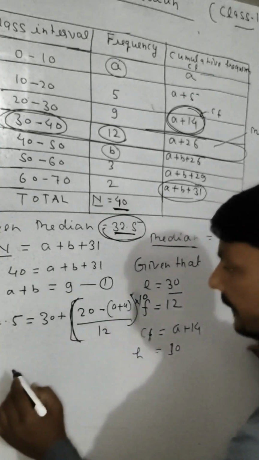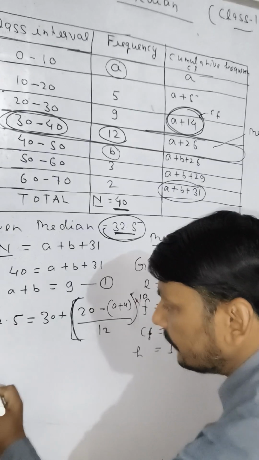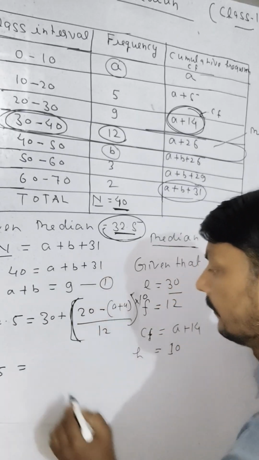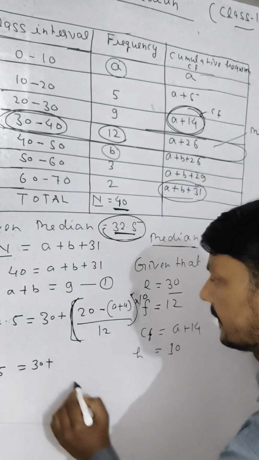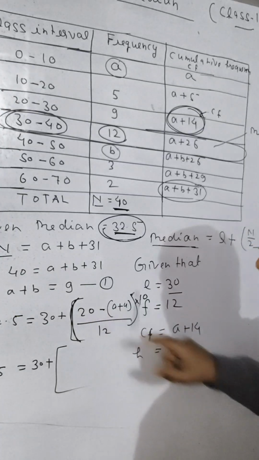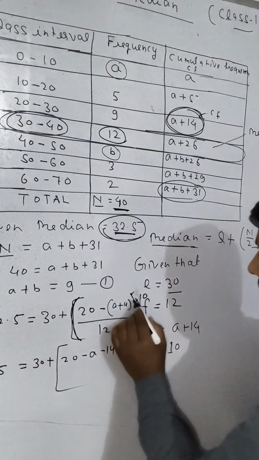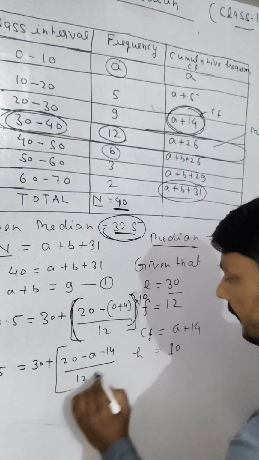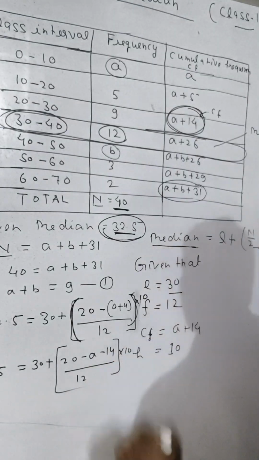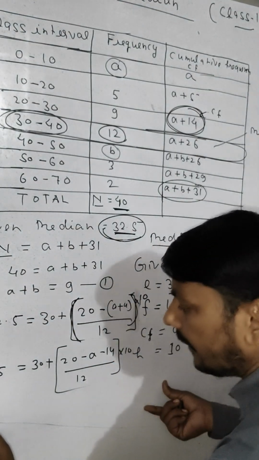So here we can write 32.5 is equal to 30 plus (20 minus A minus 14) upon 12 into 10. Here 30 goes to the other side and becomes minus, so 32.5 minus 30 becomes 2.5.